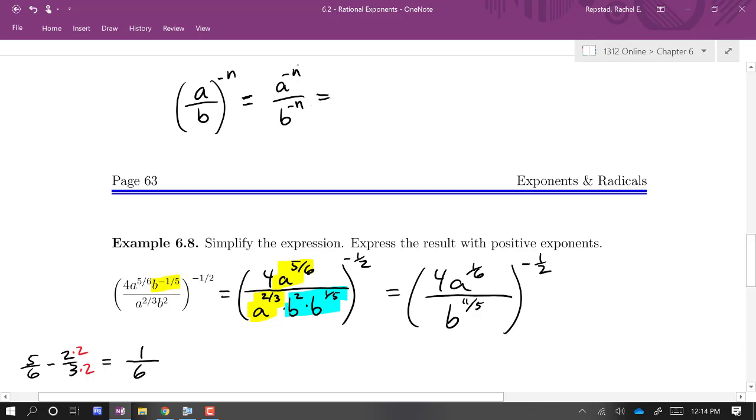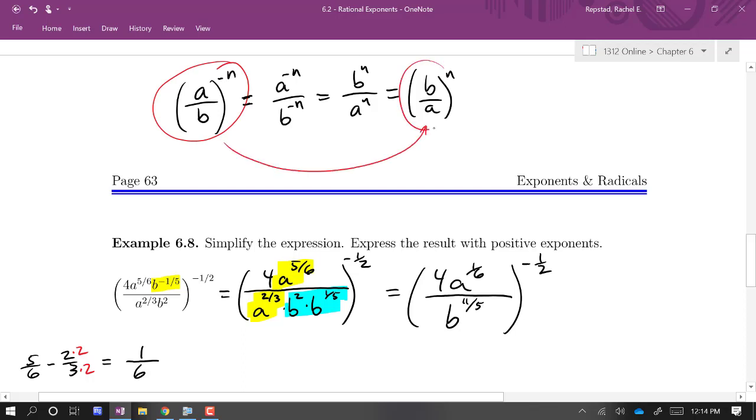And then I can switch these around to make the exponents positive, b to the n over a to the n. But look, I can also rewrite this as b over a to the positive n, and that's what I want you to observe here: a over b to the negative n is equal to b over a to the n. So when you have a fraction raised to a negative power, you can flip the fraction over and make that power positive, and that's what I'm going to do down here.